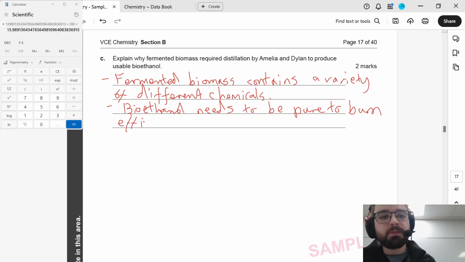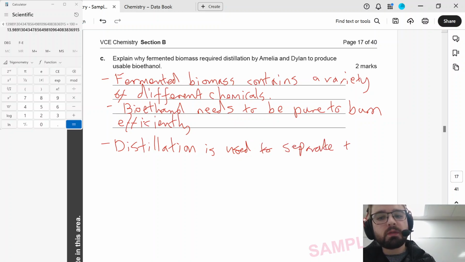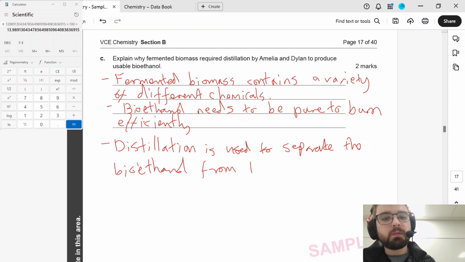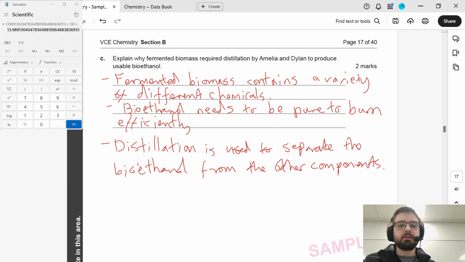It'd probably be fine. And distillation is used to separate the bioethanol from the other components. That's what I'm thinking there.